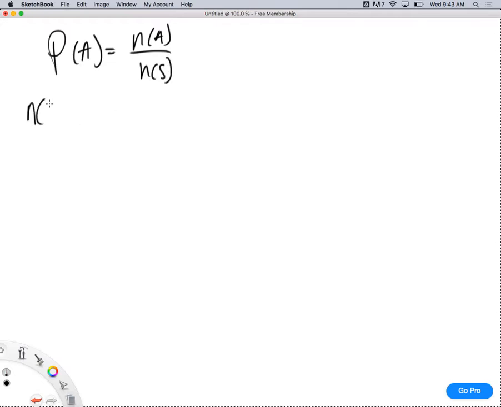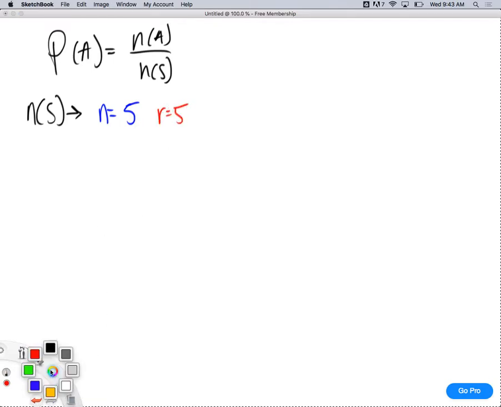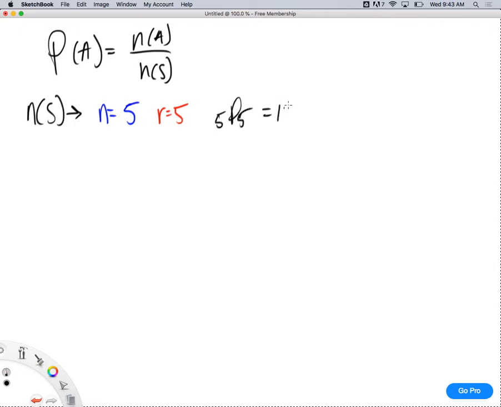Let's think of the first thing we did. I was trying to find the probability that they would come back in alphabetical order, so P(A) equals N(A) over N(S). N(S) was all the possibilities. N was 5, and R was 5, because I'm choosing 5 people out of only 5 people, so it's 5P5, which is 120.